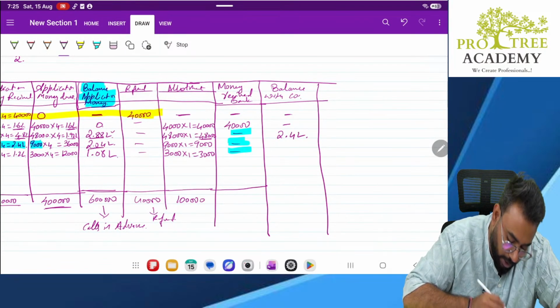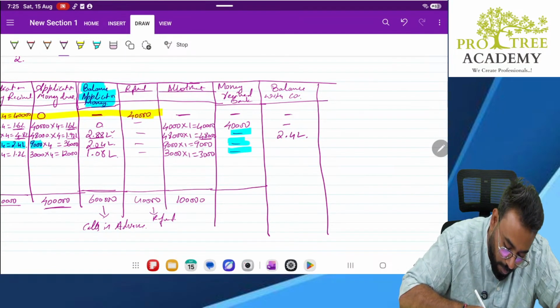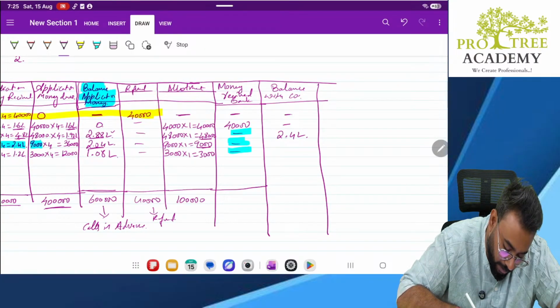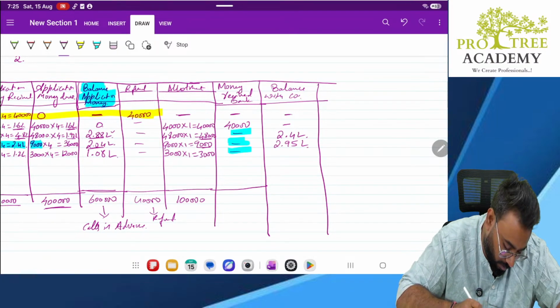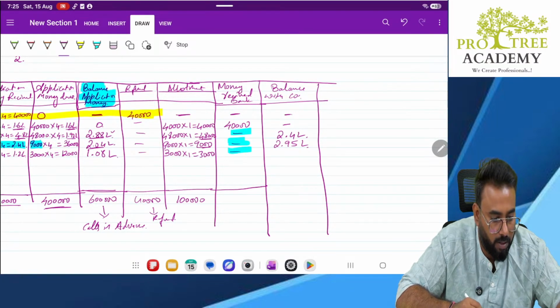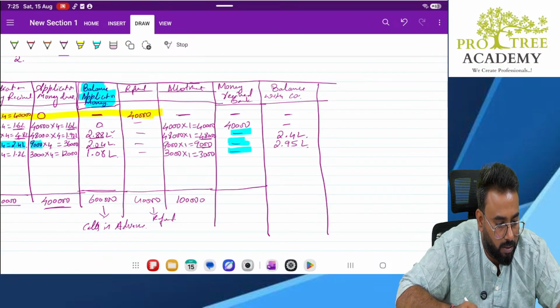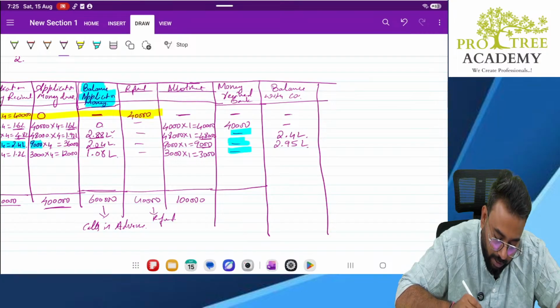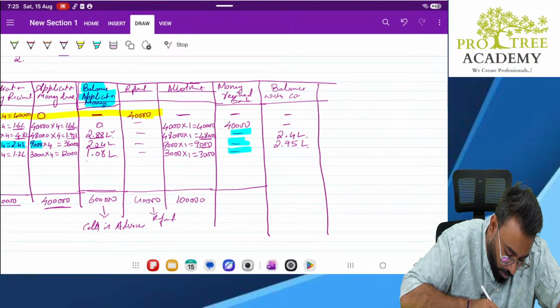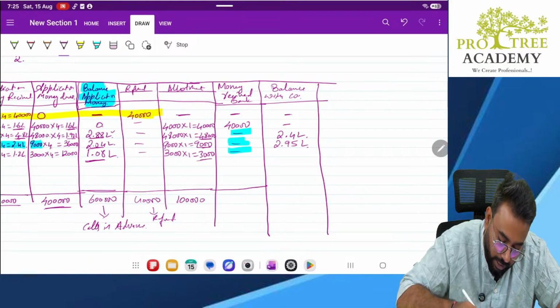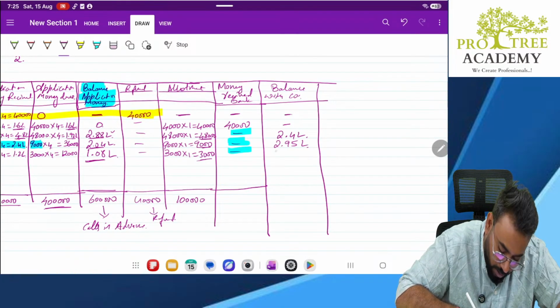Here, what was the balance remaining? 2.04 lakh. What is the amount due? 9,000. So what will remain? 2.4 lakh minus 9,000 is 2.95 lakhs. Here 1.08 lakh, of which 3,000 is adjusted against allotment. So what is remaining? 1.05 lakhs.